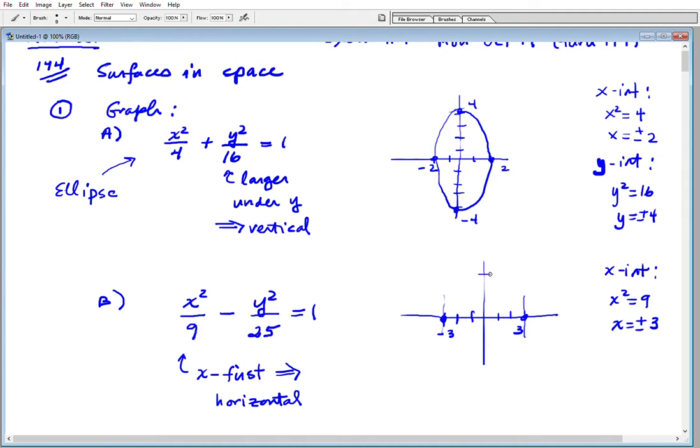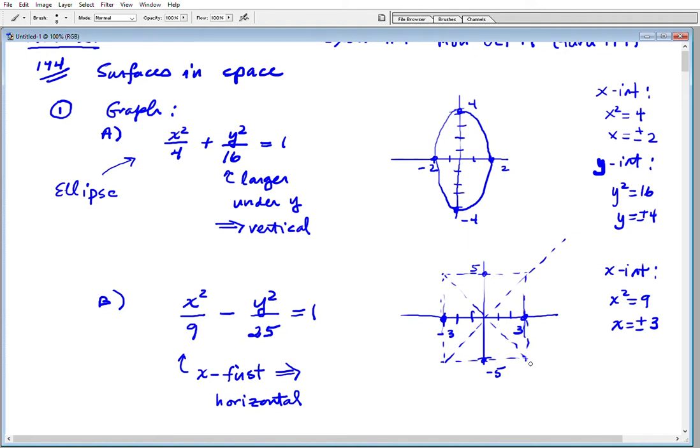So let's say this is 5, and this is minus 5. For guidelines for drawing our hyperbola, we draw this little box. And what we really need are the diagonals of this box. We'll extend those diagonals because our horizontal hyperbola is going to have these asymptotes.